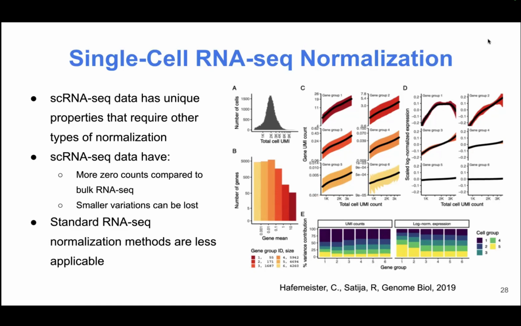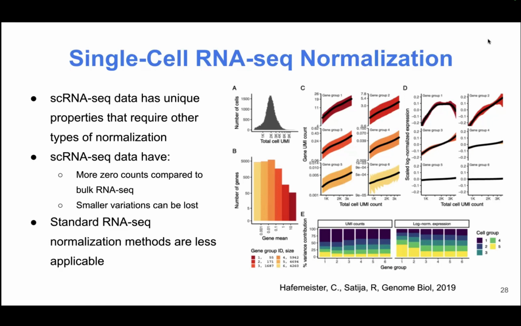Single-cell data, when compared to bulk RNA-seq data, has some more unique properties that we need to account for when we're carrying out normalization. Typically, we'll see a lot more zero counts as compared to our bulk RNA-seq, and our values tend to be in a smaller range, so smaller differences between values can sometimes be lost if we're applying these same bulk RNA-seq methods to single-cell RNA-seq data.